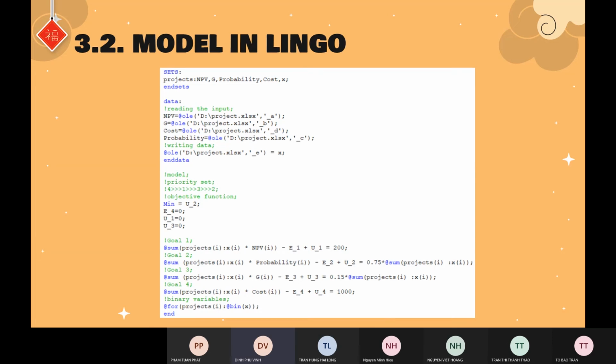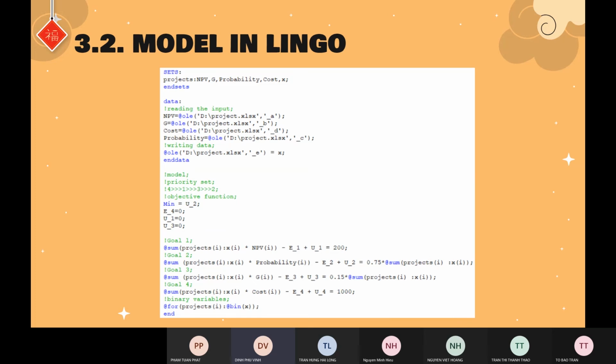Then we use the @OLE function to read data from the Excel file, then write the result of decision variable X back to the Excel file by using the same function. We implement the sequential method in this problem, and the priority set for the goals is 4, 1, 3, 2.